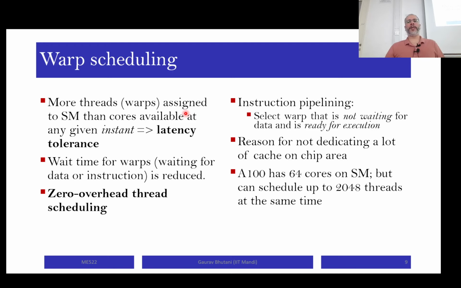And this is the reason you don't need to dedicate a lot of cache memory on the chip area in GPUs, because of this pipelining. What is the point of keeping a lot of cache? Because you are scheduling more threads than the number of cores available on SMs. So when some of them are working, the others may quickly move their data rather than storing a lot in cache.